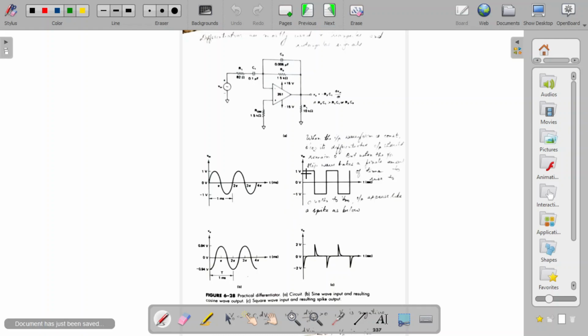Then when you give a square wave, you will get a spike output. I'll explain how this happens. Just think on this to understand how the differentiated output is a spiked signal.